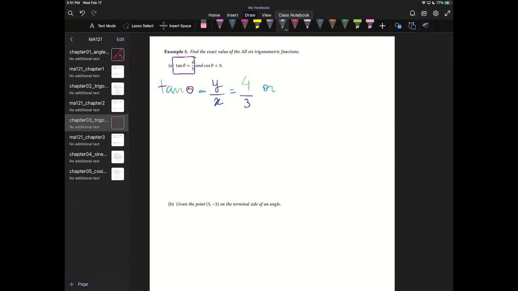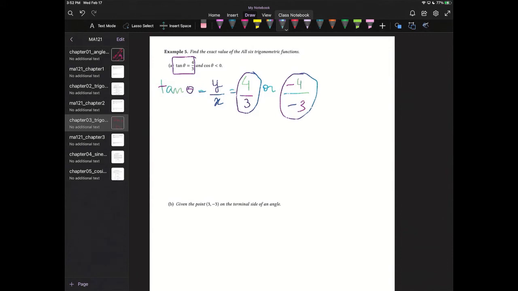I could also think of -4 over -3, because that also results in a tangent being positive 4/3. So you have to remember that a positive result comes from two options. You either have both numbers positive or both numbers negative, and that's how you get the 4/3 for the tangent.